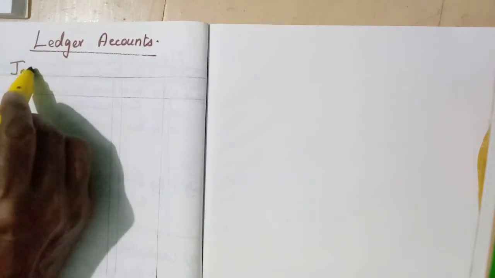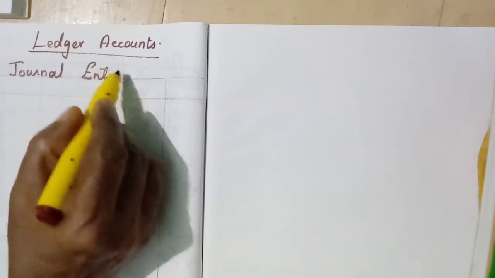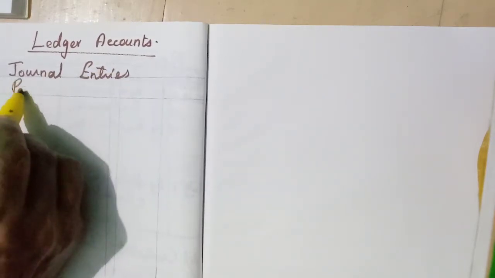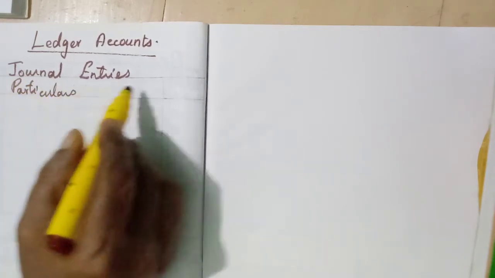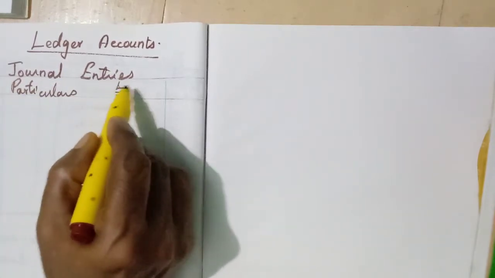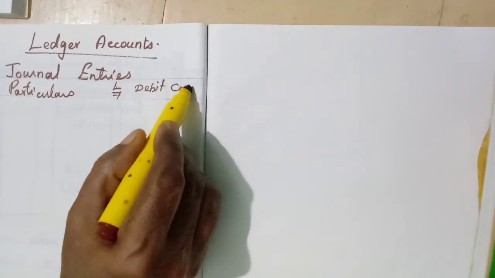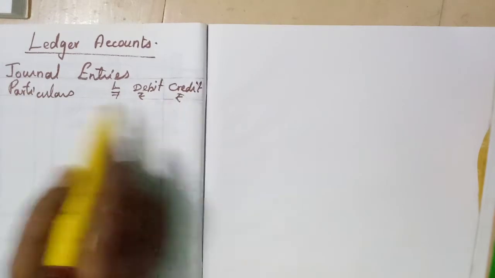Okay, first journal entries we have to write. Write journal entries, then date, particulars. I will write this heading for one or two problems only. Then you have to write LF, debit, credit, rupees, rupees.